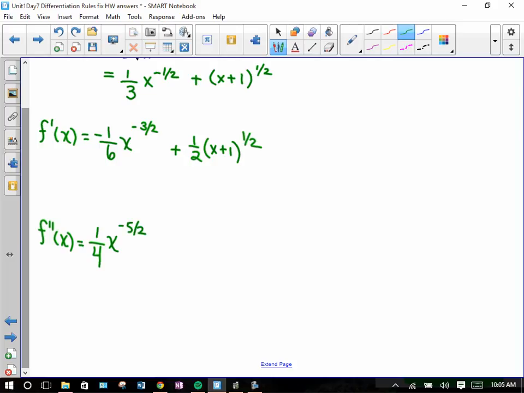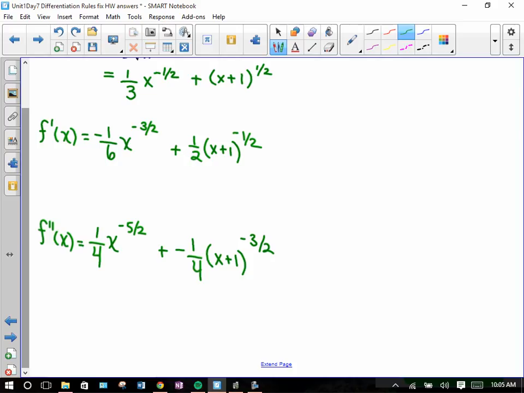Okay. Plus, now I have a negative sign here. Negative 1/2 times positive 1/2 is going to be negative 1/4. x plus 1. Negative 1/2 minus 1 is going to be negative 3/2.